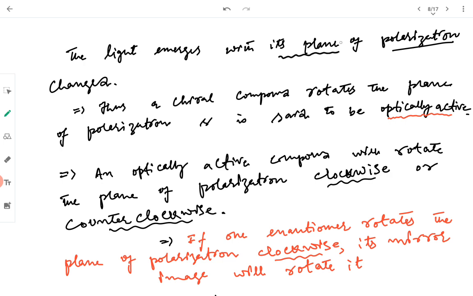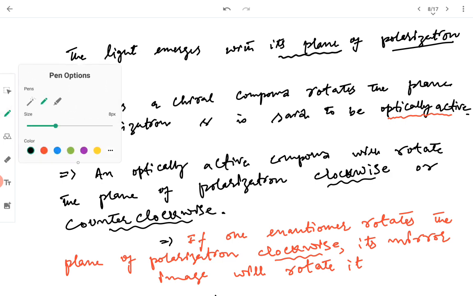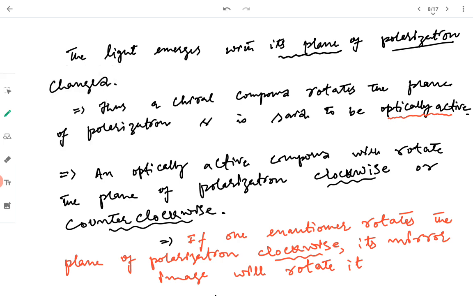So this light which comes from the solution of a chiral compound, the plane of polarization is changed, means it has rotated the plane of polarization. Thus a chiral compound rotates the plane of polarization and is said to be optically active. An optically active compound is a compound which rotates the plane of polarization either clockwise or counterclockwise.